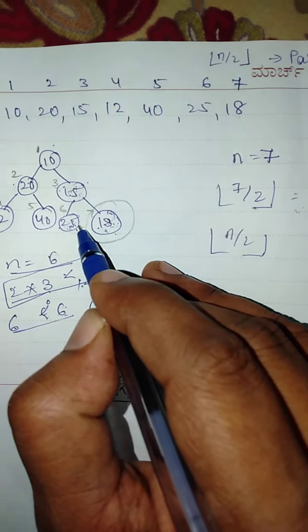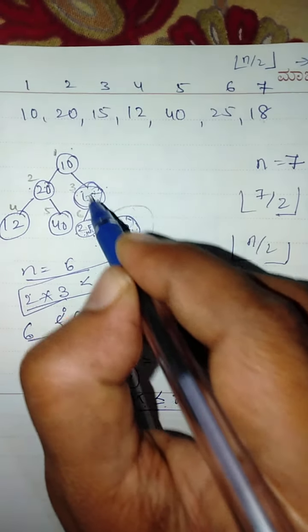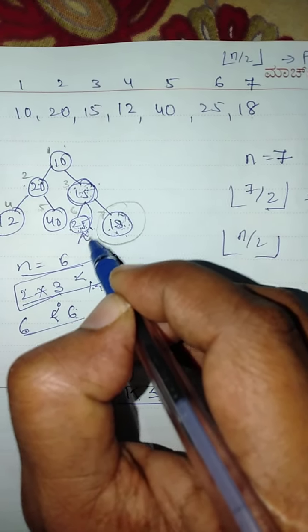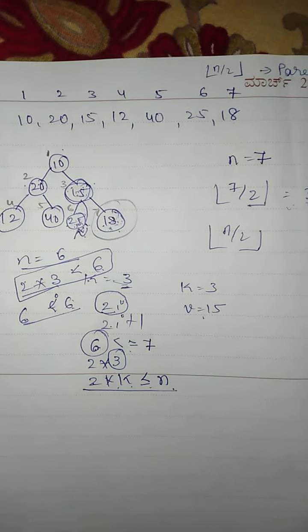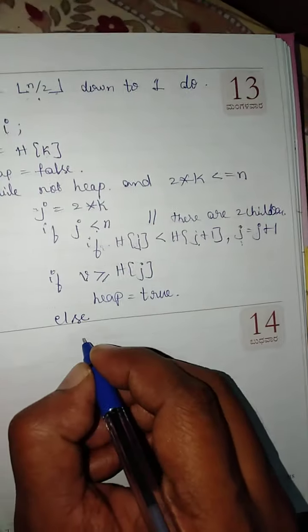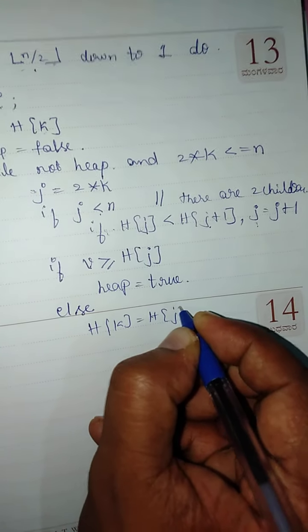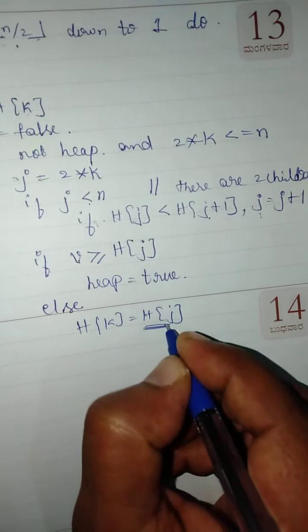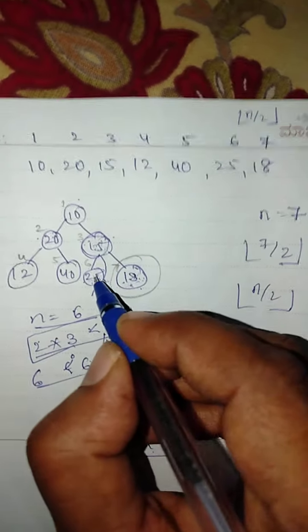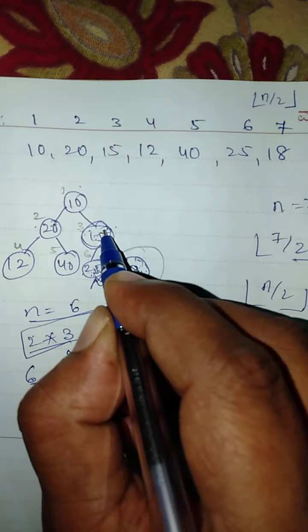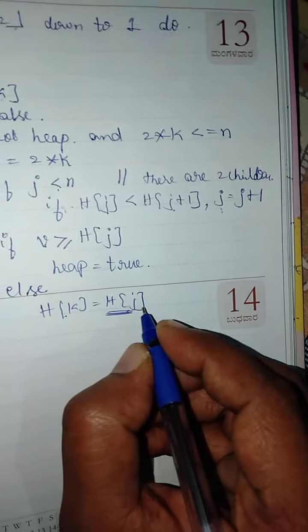Therefore what you did, you pushed element 15 to this position, isn't it? Therefore you have to change h of k to h of j. I mean you have to assign this element h of j to h of k. You have to assign the element 25 to the element at index k. So that is what h of k is equal to h of j.